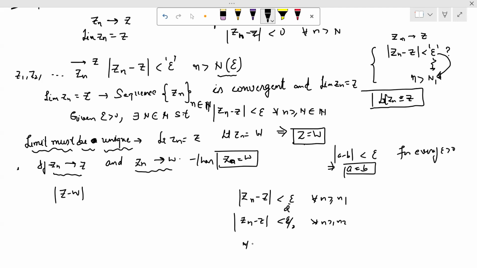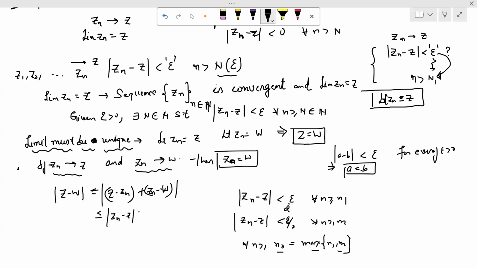Now, for all n greater than or equal to n naught, which is nothing but the maximum of n1 comma n2, I'll play a certain trick. I'll write Z minus Zn, and then Zn minus W. Now see, this modulus can be written as less than or equal to |Zn minus Z| plus |Zn minus W|. You have to understand this.